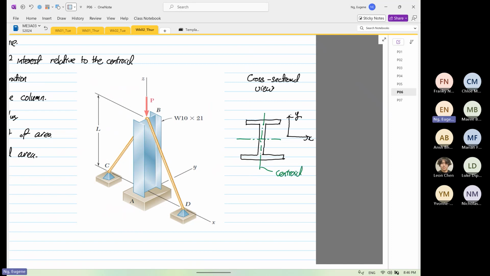The left and right of the cross section are the same, and this is also the centroid, where the top and bottom are the same.